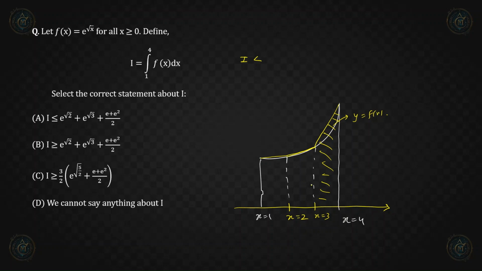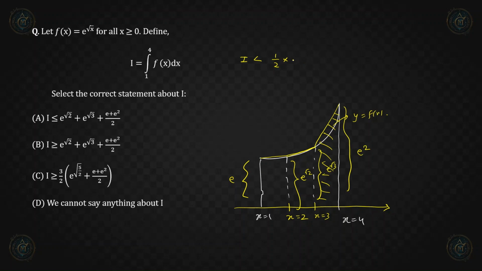So let us sum them up. We get the total area of the trapeziums will be half times the sum of parallel sides times the distance between the two parallel sides, right? So this will be half times, this functional value is e to the power 1, so this is e. This parallel side length is e, and this will be e to the power root 2, right? And this thing will be e to the power root 3, and this thing will be e square, right?